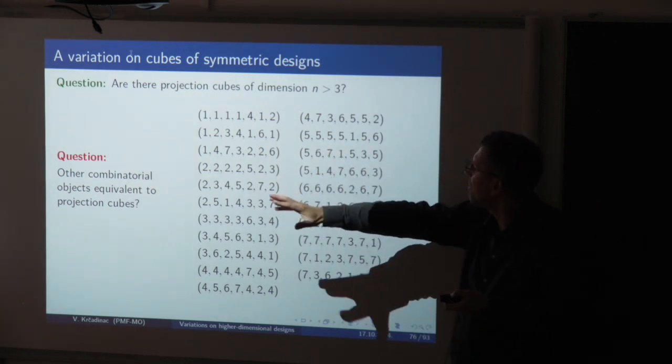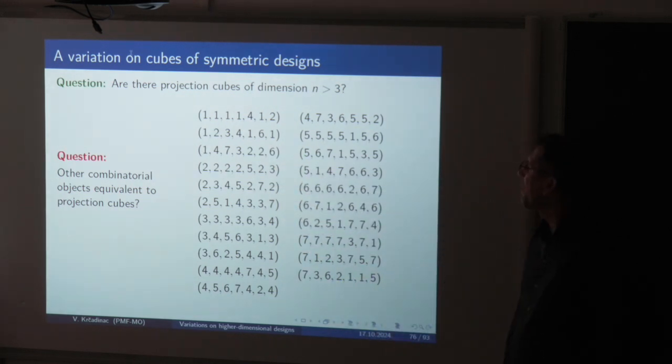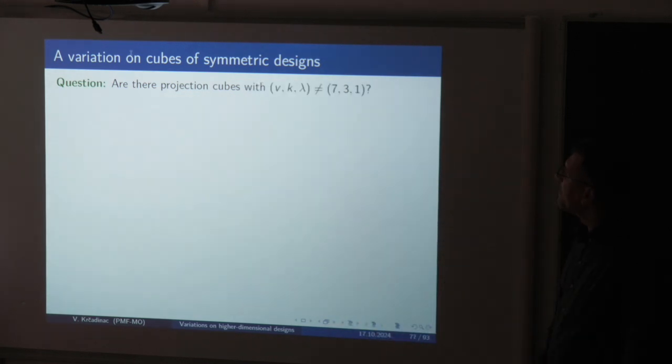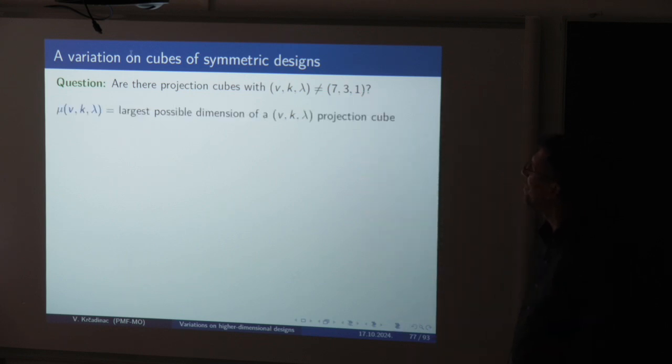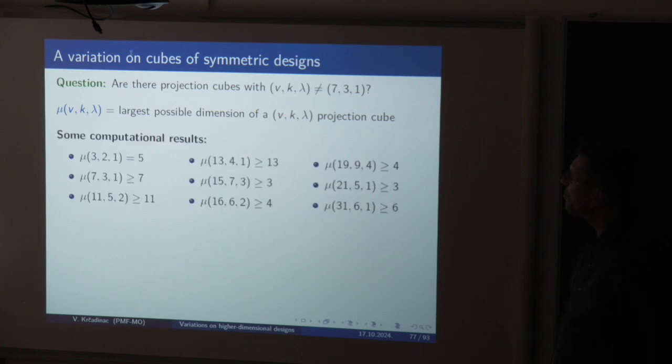So either you can look at it as a cube or this type of thing. And you can ask whether there are any examples not with these smallest possible parameters. Let's again say that mu of V, k, lambda is the largest possible dimension of a projection cube with these parameters. I have some computational results. For this smallest one, it's rather trivial, 3 to 1, it's exactly 5.